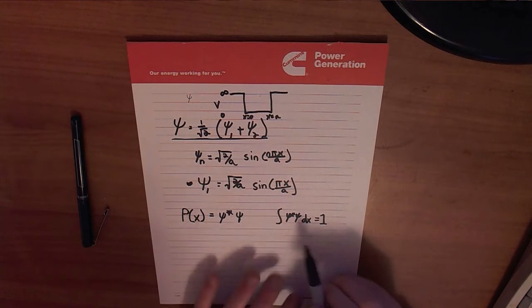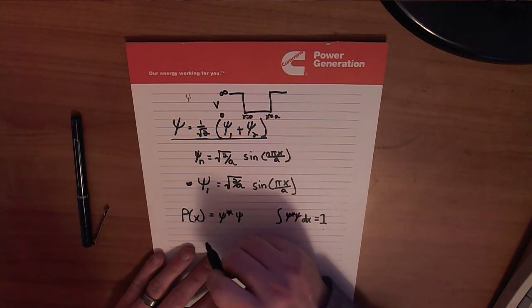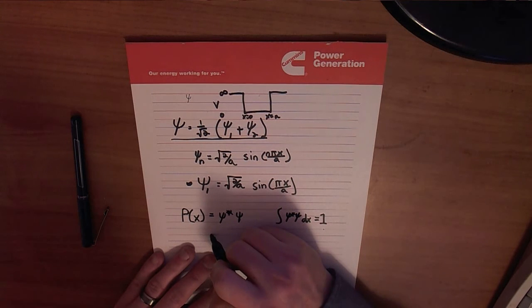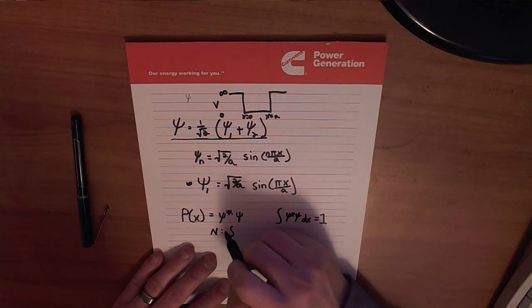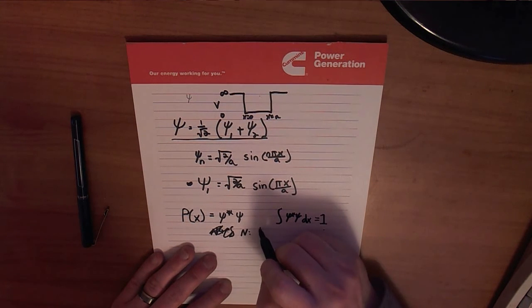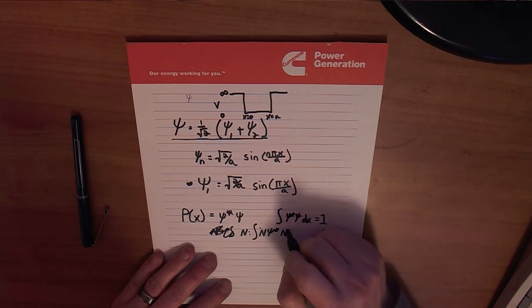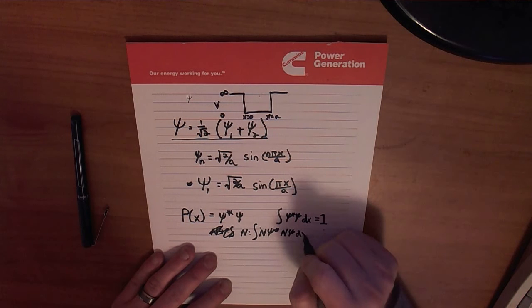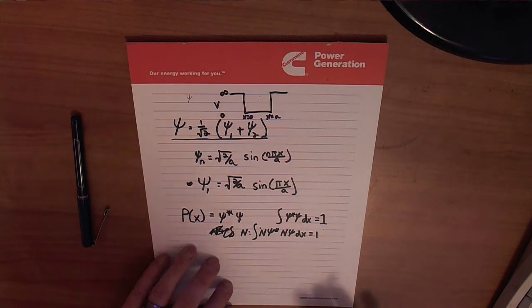If the wave function is normalized, this will be true. If the wave function is not normalized, then we need to have some normalization constant N such that the integral of N psi star N psi dx is equal to 1. Okay? So that's a little bit abstract.